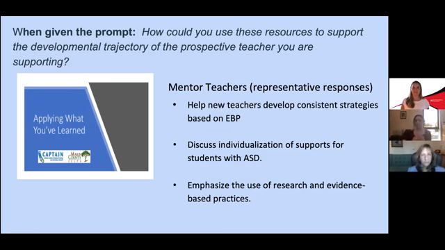So the mentor teachers suggested that they would use these most prevalent evidence-based practices as a starting point to develop consistency of using evidence-based practices and evidence-based strategies in the classroom. Then they would talk about how they could use these widely used evidence-based strategies, but to individualize supports for each student with autism in their class. And they were also using these strategies to emphasize the importance of research and evidence-based practices.